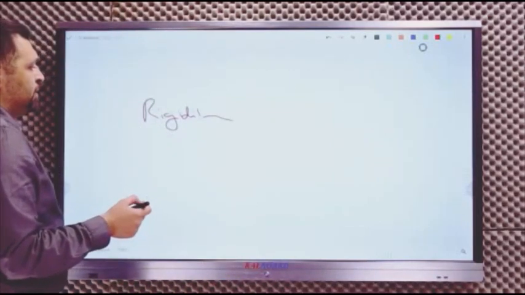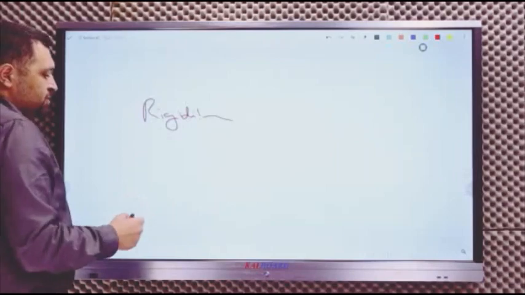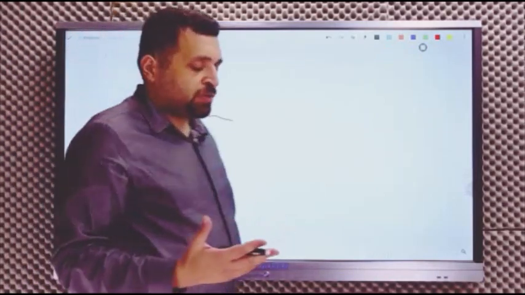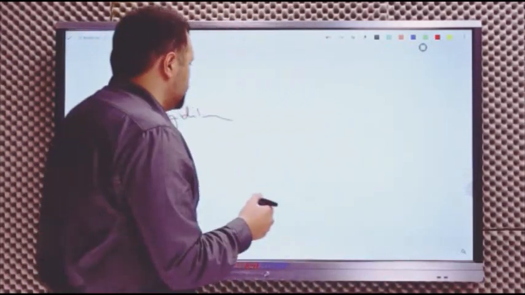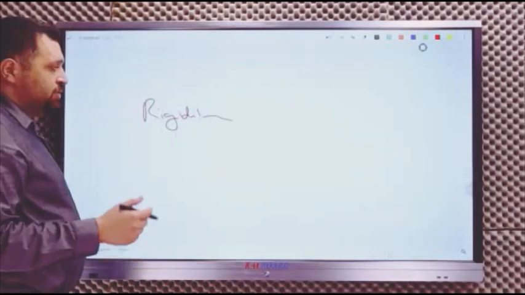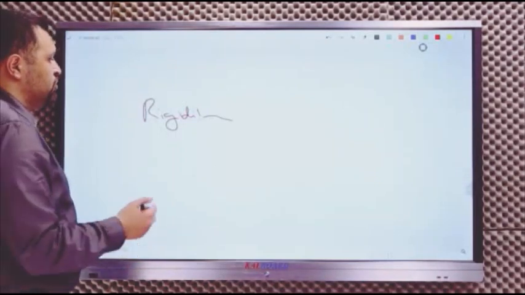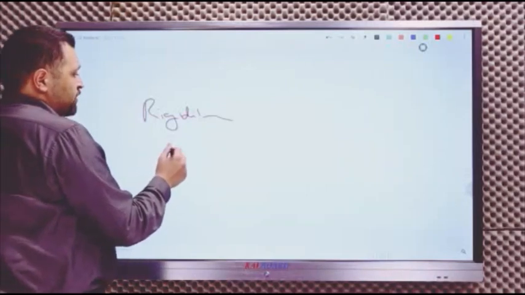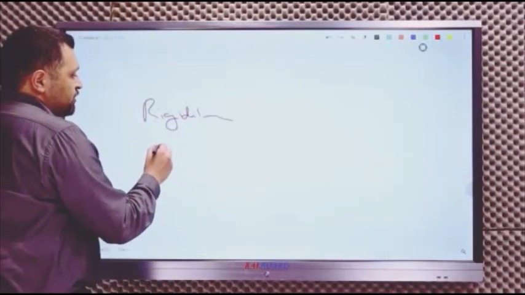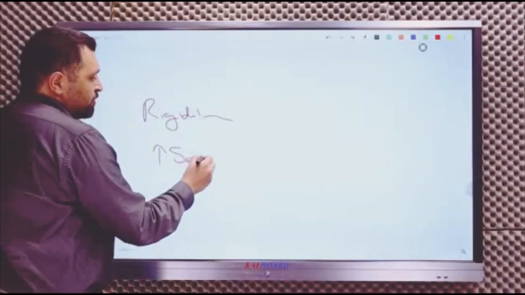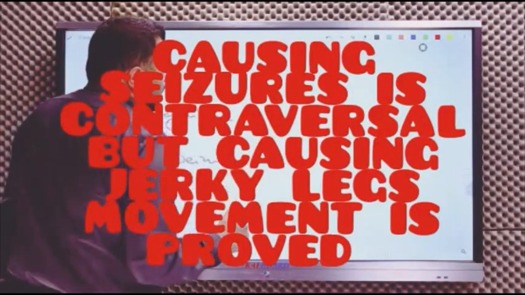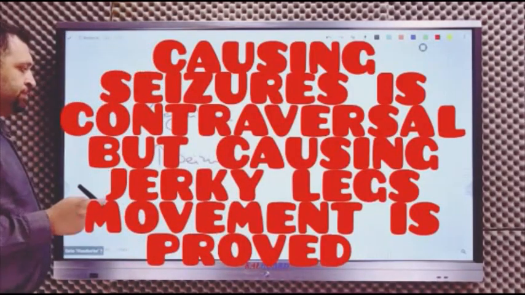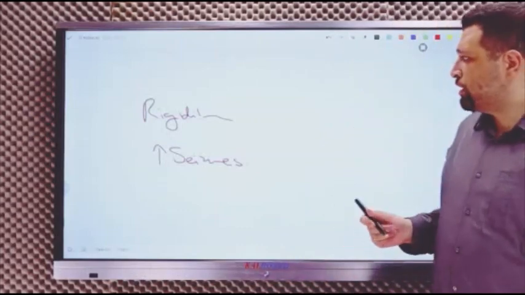Also, it can cause severe cases of rigidity in the whole body, which is called opisthotonus, etc. It also can cause or increase the seizure or epileptic activity of the body.